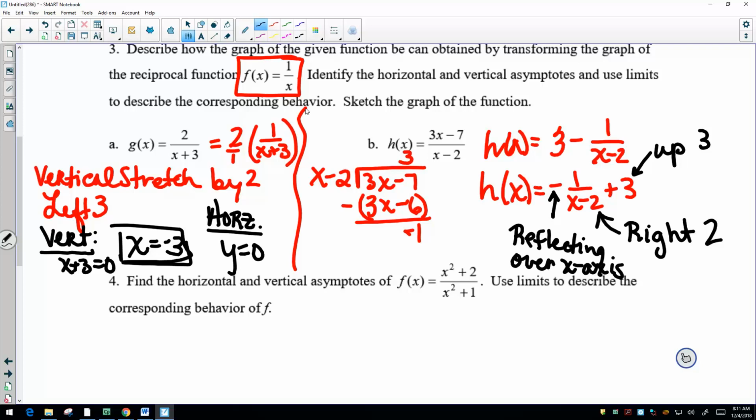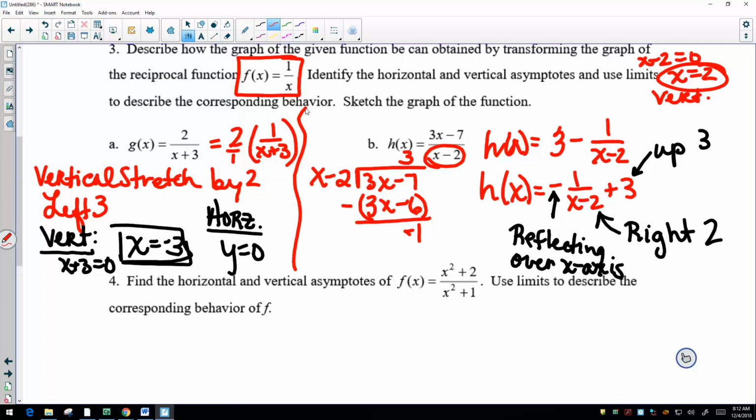This also gives us a chance to look at our vertical and horizontal asymptotes. Now, I may go back to the original function to find those. If I'm looking at the original function, again, to find your vertical asymptotes, set your denominator equal to 0. So I'm going to do this over here. If I set that equal to 0, I can see that my vertical asymptote would be at 2.